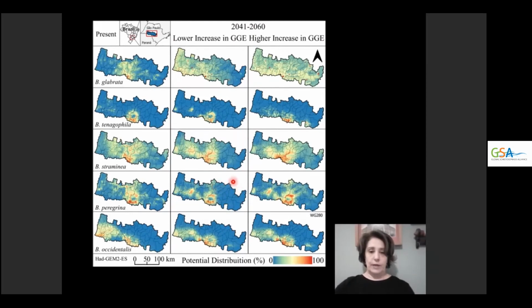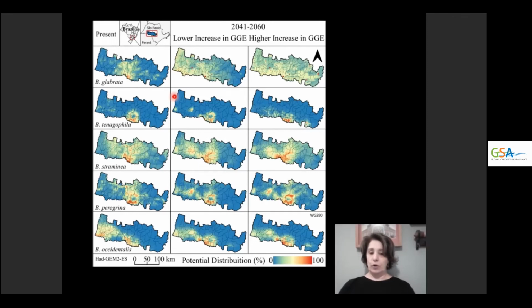First, what we see here is that different species have different patterns of distribution, not only today, but over the years, under the impact of climate change.